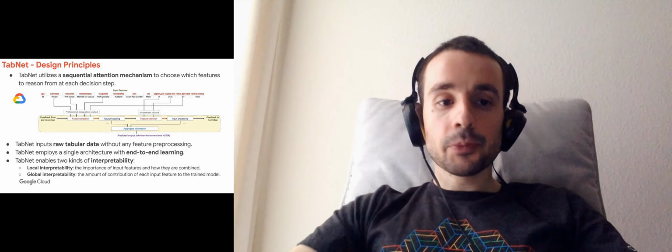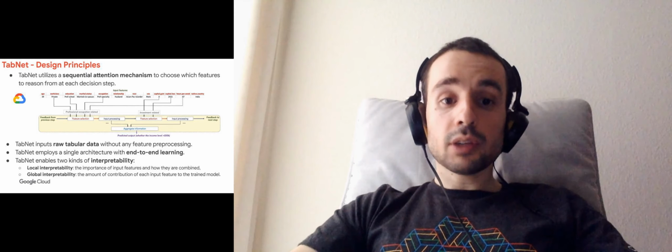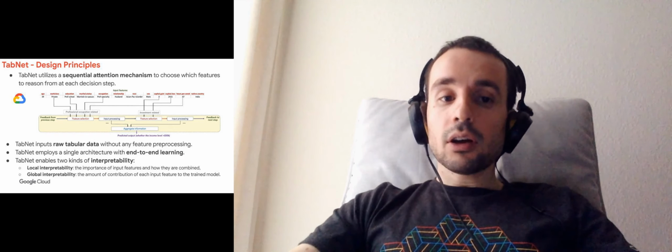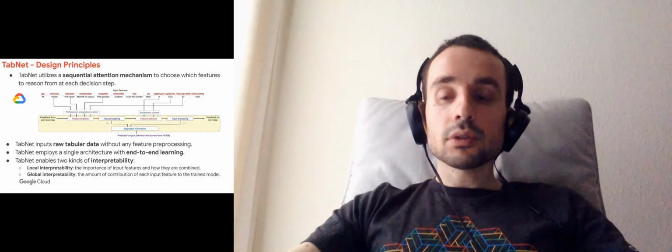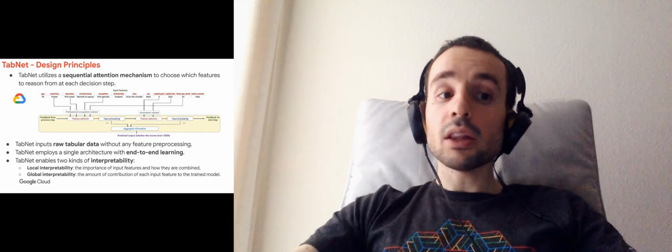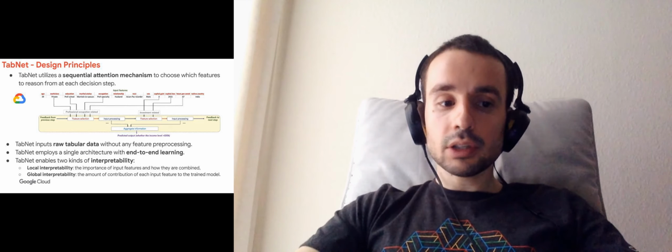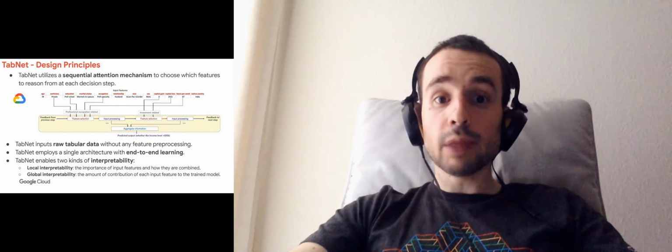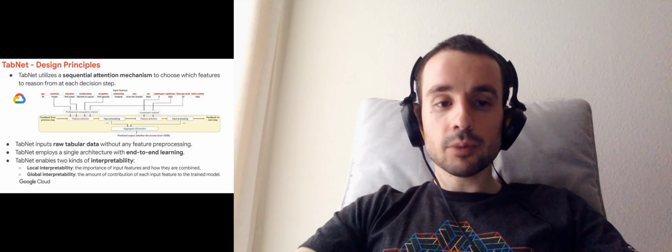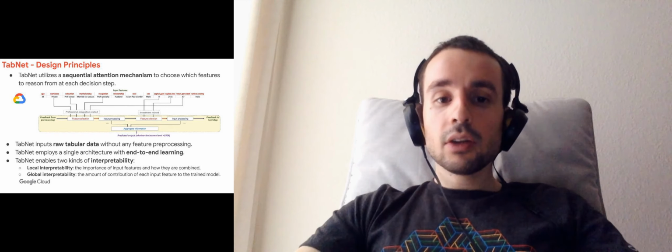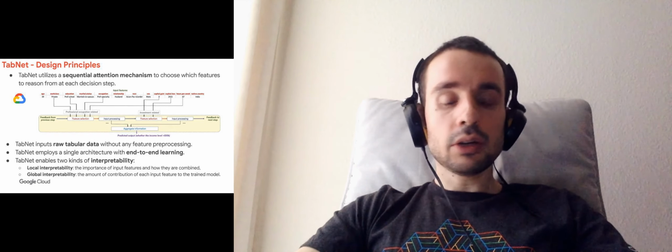While designing the end-to-end architecture, we also have these three principles to reflect the best aspects of deep learning. TabNet inputs raw tabular data without any feature pre-processing. Our goal is to push the performance limits while inputting the raw data and see how much representation learning can be enabled from raw data towards very high performance. Second, TabNet employs a single architecture with gradient descent-based end-to-end learning.